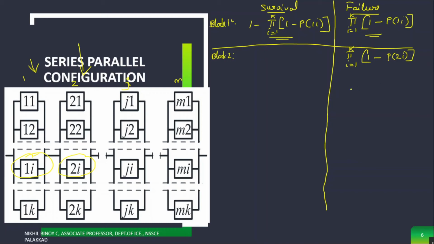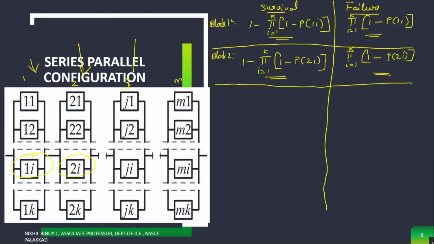This one is the probability of failure of block 2. So the probability of survival of block 2 is 1 minus this quantity: 1 minus the product of I equal to 1 to k of 1 minus P of 2I. This one is the probability of survival of the second block, and so on.